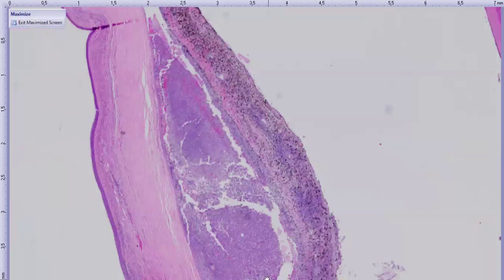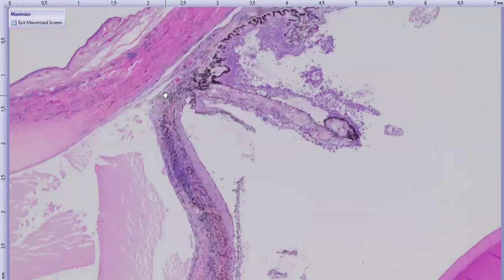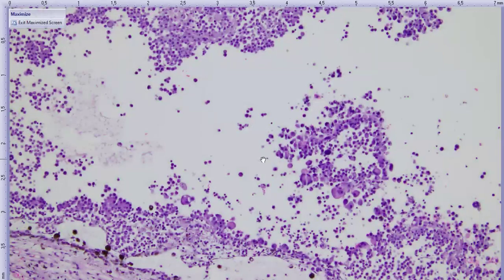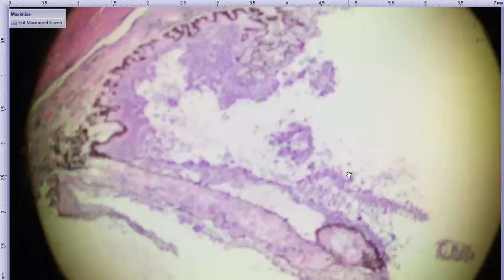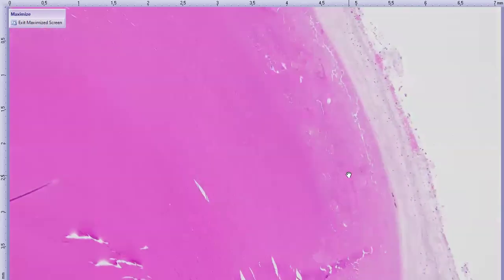And so we can see all that stuff in the anterior chamber as well. And here's some more. It's the same material on the other side as well. So they've got a neoplastic population of round cells. And with the pleomorphism, we had a high degree of suspicion of a histiocytic sarcoma.